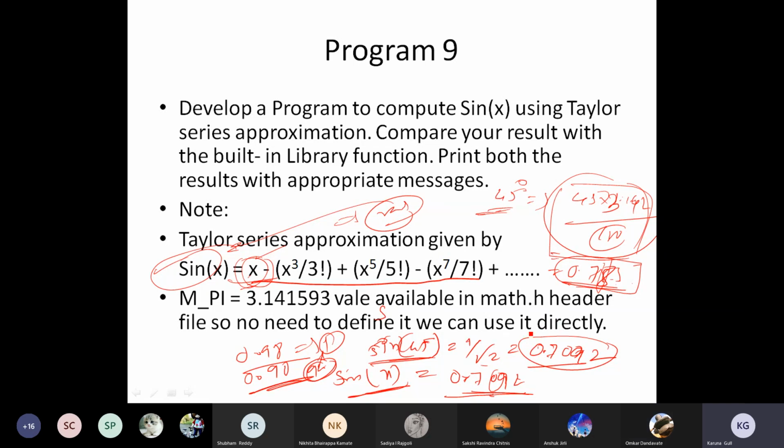So that's what you have to take care of. That also matters in case of these things. That's what I'm asking you: how many terms are you supposed to take? The more terms you take, the more accurate a value you are going to get. If you take a lesser number of terms, you are moving away from the accuracy.